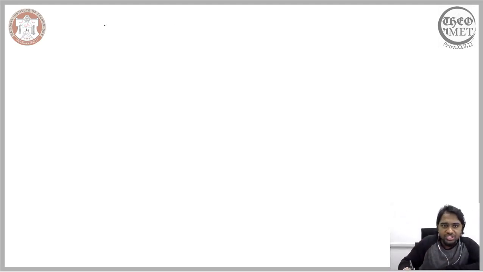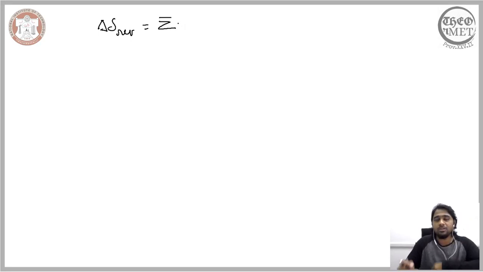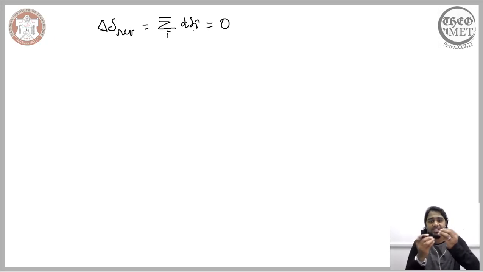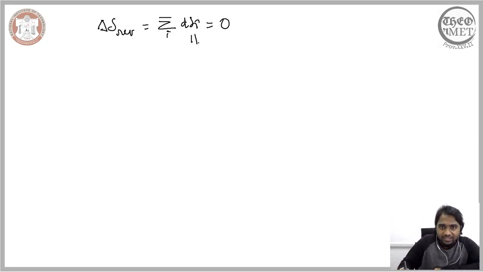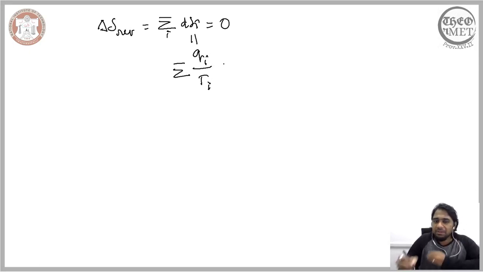The overall change in the entropy for a reversible process, which is equal to the sum of all changes at each and every step, is 0. This sum of all changes at each step is nothing but the ratio of the heat and temperature, which conceptually talks about the change experienced by the system.